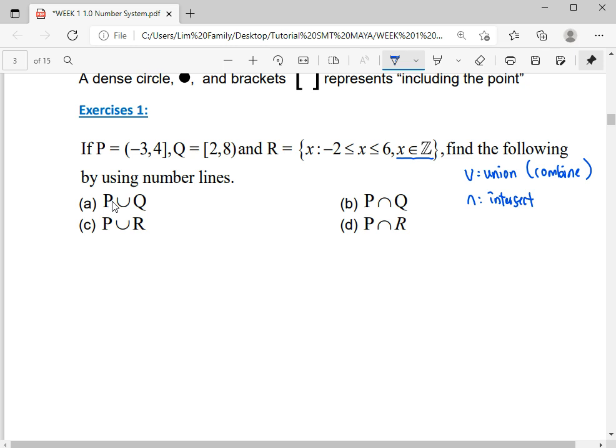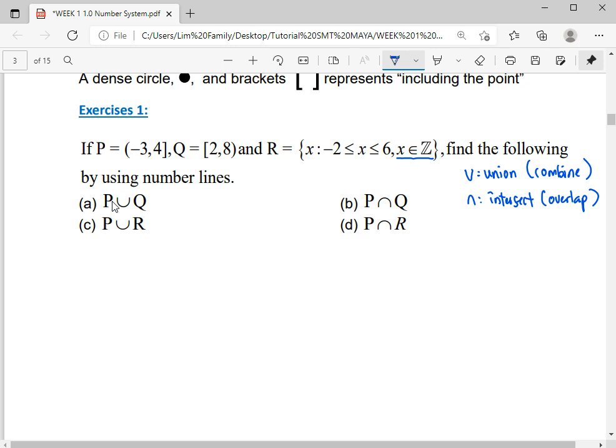Intersect means you are going to get the overlap sections. If they don't have any overlap, it means they don't have any intersection.